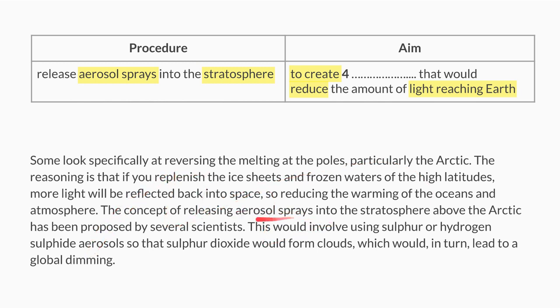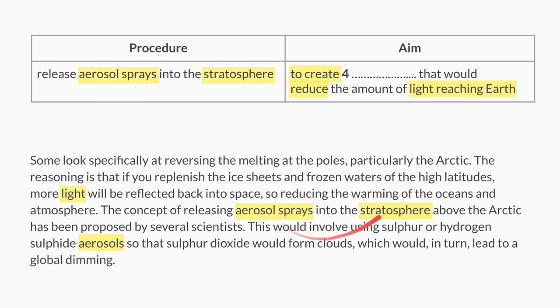And right away, we have aerosol sprays right there. And next to it, we have stratosphere. Aerosol sprays and stratosphere. You'll also notice that it mentions other keywords like aerosols, which could be a synonym or shorter form for aerosol sprays. And then we have light, which is mentioned over here.